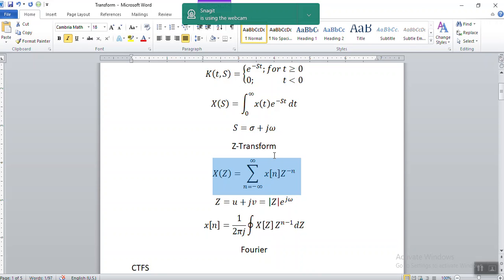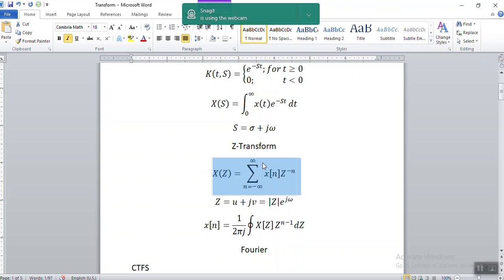From z is equal to e to the power s tau, you can calculate s is equal to 1 by tau log of z, and finally, you can get s is equal to 2 by tau into 1 minus z inverse by 1 plus z inverse, which is called the BLT, bilinear transformation, for the mapping between s and z.